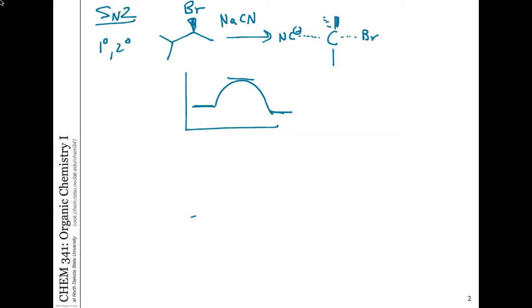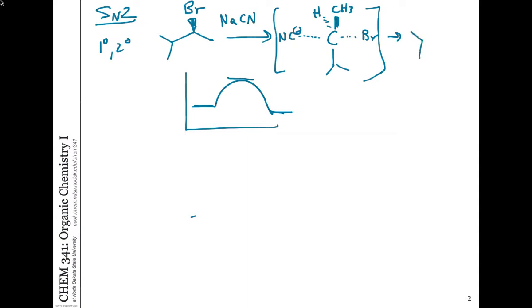I don't know if I have the right stereochemistry here or not, but those are the other three groups: hydrogen, isopropyl, and methyl. Did I get the right stereocenter? So in the transition state, as that's happening, the stereochemistry is inverting like an umbrella, and so the product will be the opposite.